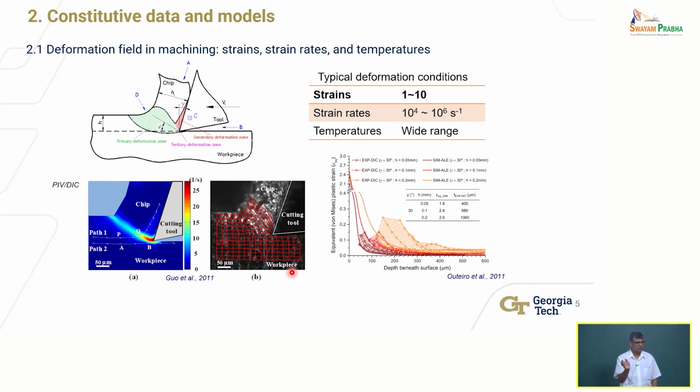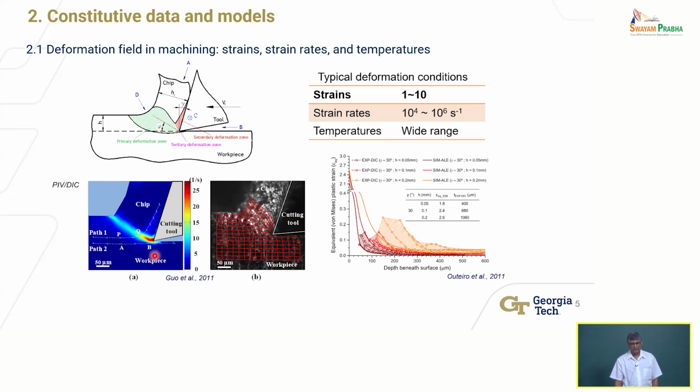Under conventional cutting conditions that you use in practice, it's harder to do those kinds of experiments. But today there are techniques. What you see here is something called particle imaging velocimetry, PIV, okay, which fluid mechanicians use.